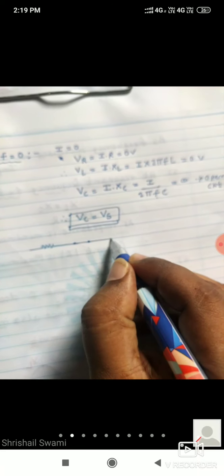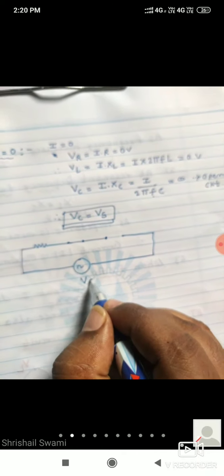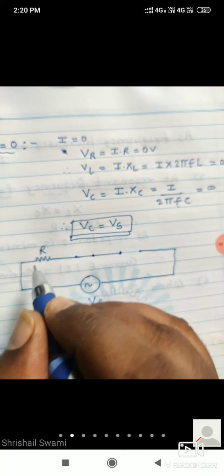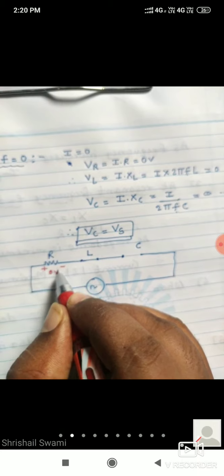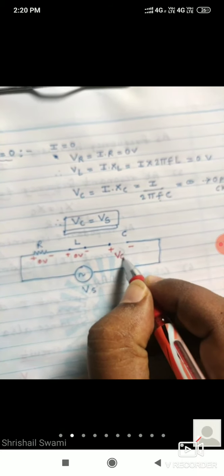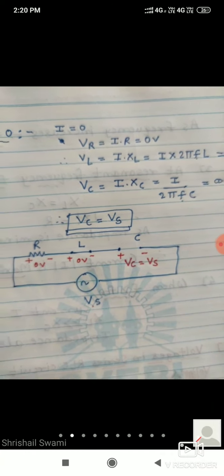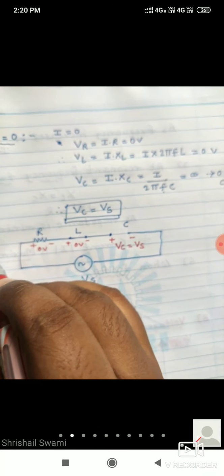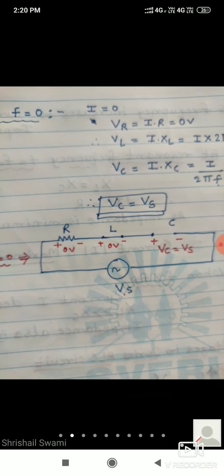Inductor becomes short circuit and voltage across capacitor is nothing but Vs. Okay, so this is the I, this is the L, and this is the capacitor. So here this will be plus minus 0 volt. So this is plus minus Vc, and Vc becomes equal to supply voltage Vs. Okay, now this is at F is equal to 0 volt.